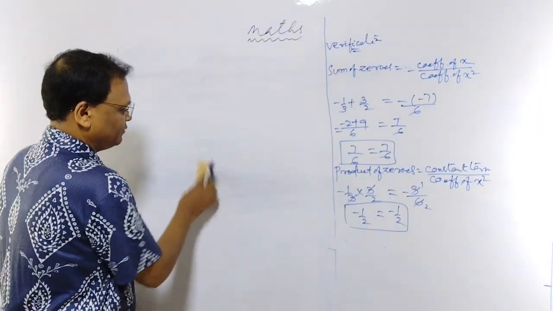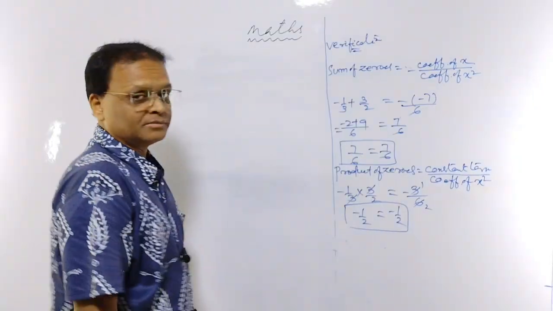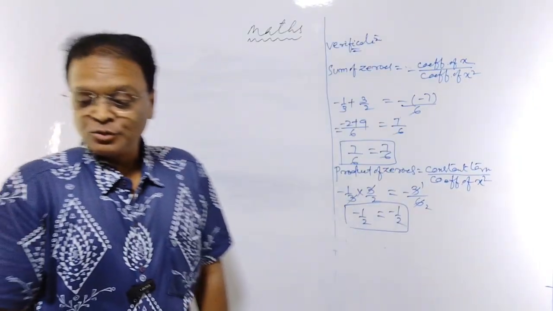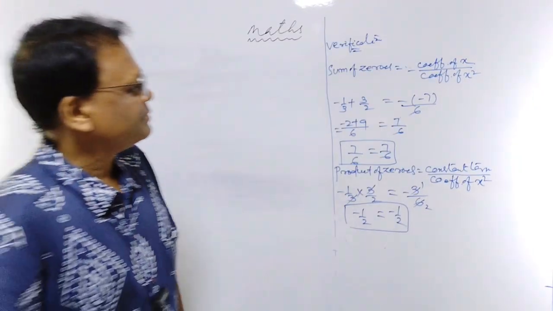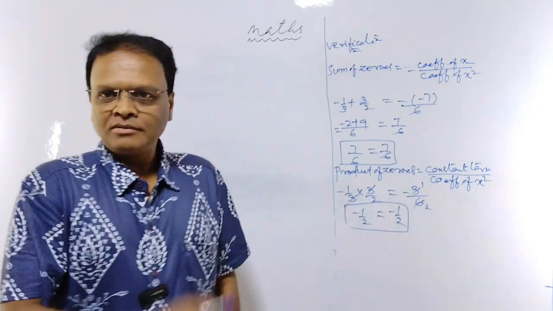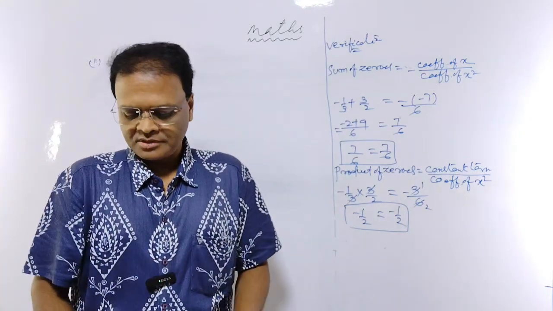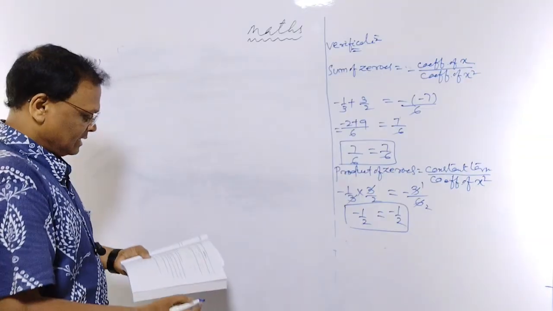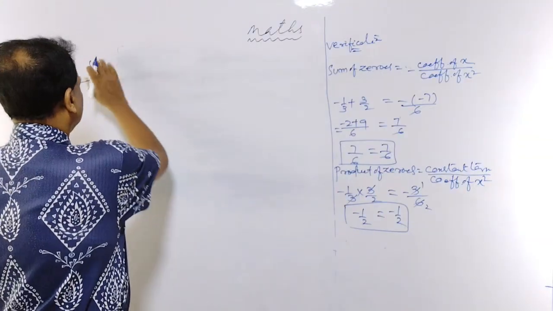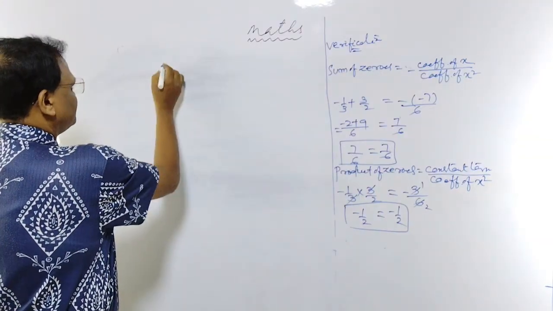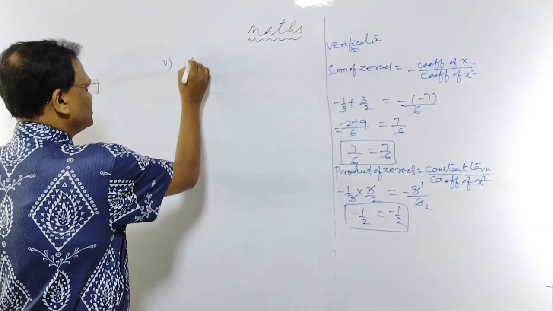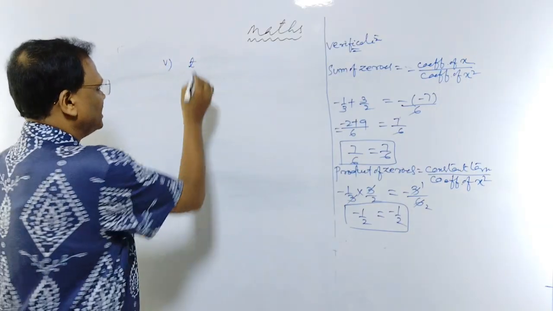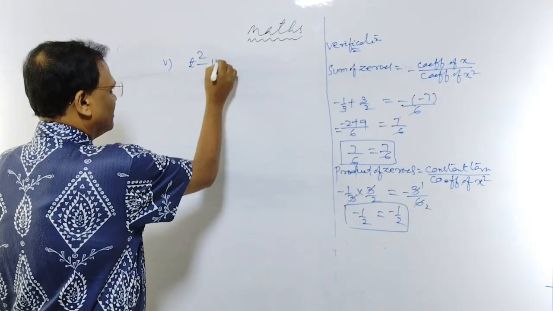So now I am doing the fourth one, which is not 3 terms. It's 2 terms. 3 terms definitely will split. Till now all of them had 3 terms. Now this is your 2 terms problem. The fifth one is t square minus 15.